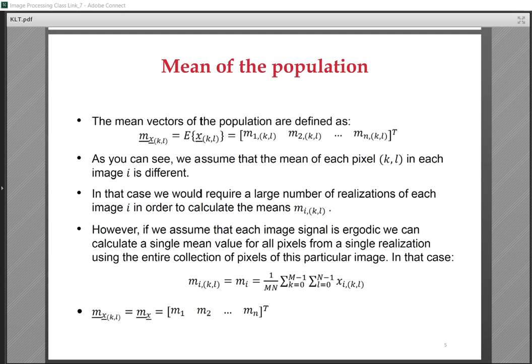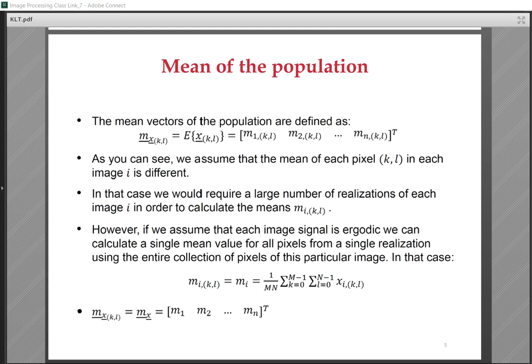M means mean, or average. m_x is the expected value E of x, which is m1, m2, up to mn.